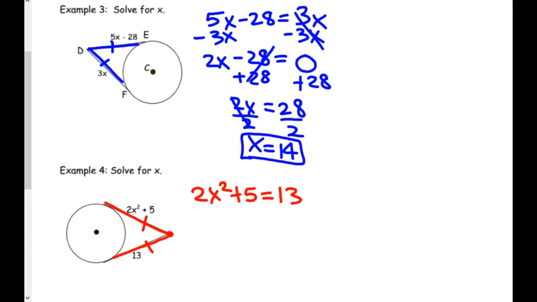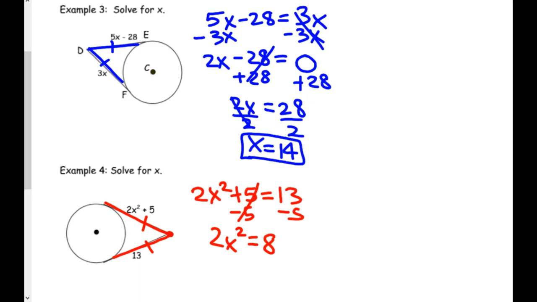Now, x squared is kind of weird. But don't worry. Let's just do what we're supposed to do. What do I get rid of first on the left-hand side? The loner, which is 5. How do I get rid of that positive 5? The opposite is minus 5. Minus 5. 2x squared, bring that down. 13 minus 5 is 8.